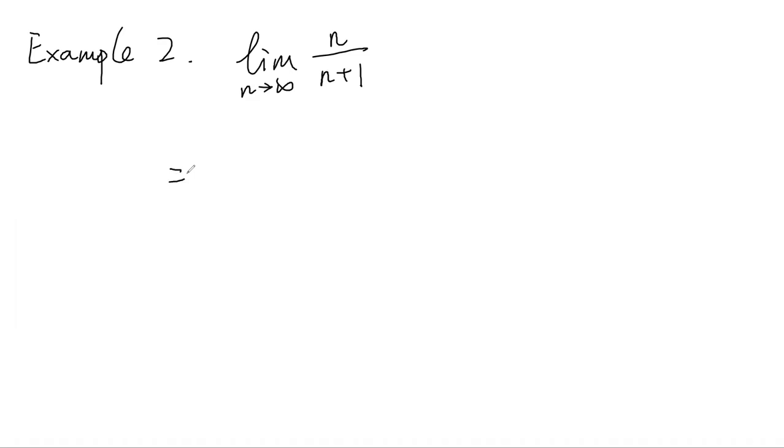For example, if we want to calculate the limit as n approaches infinity of n divided by n plus 1, then the first thing you should do is to try to see if the limit exists when you replace n with x.